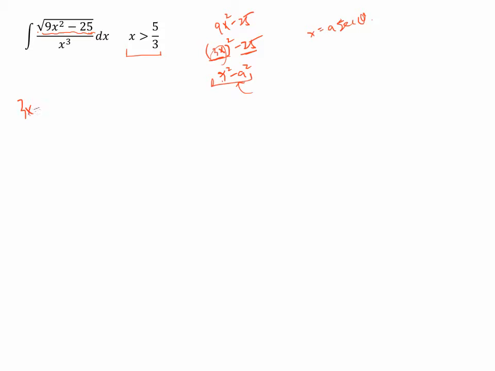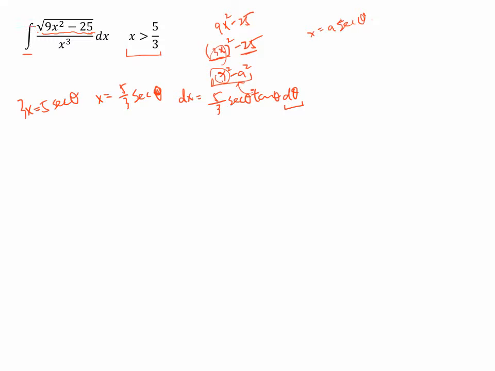So 3x equals, instead of this single x, 5 secant theta. So solve for x: x equals 5/3 secant theta.